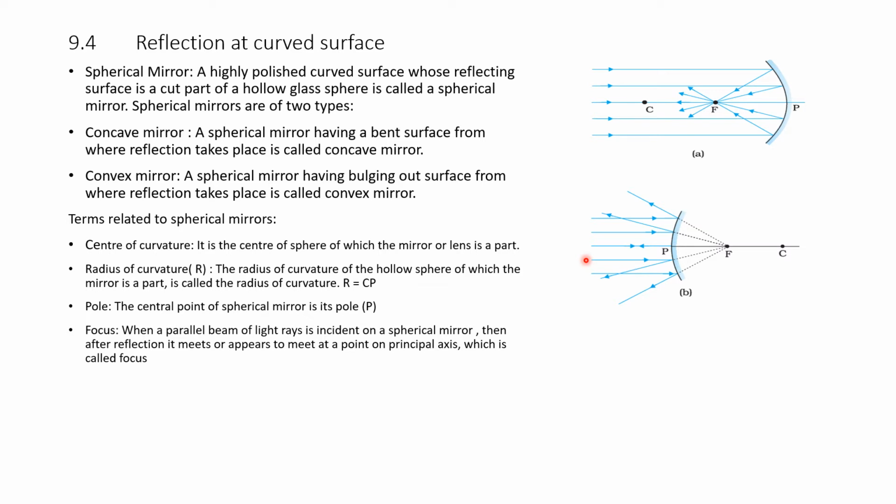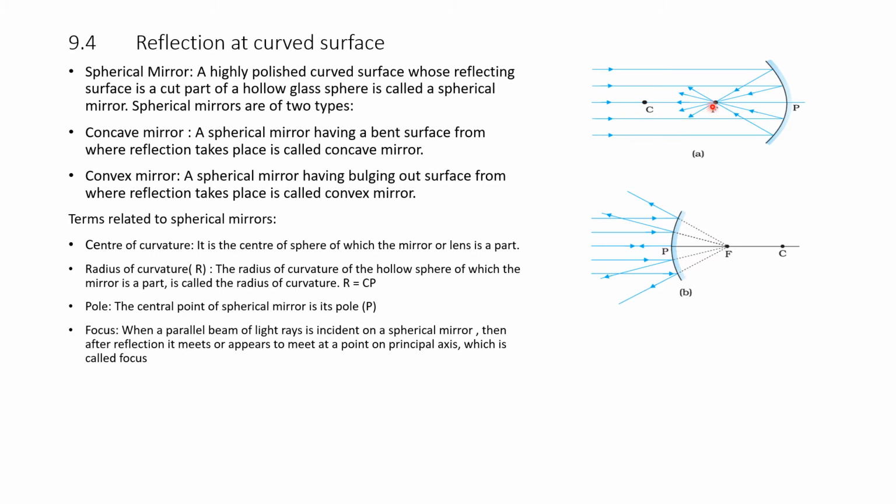Focus. When a parallel beam of light rays is incident on a spherical mirror, then after reflection it meets or appears to meet at a point on the principal axis, which is called the focus. Focus is a very important point for the study of rays of light.